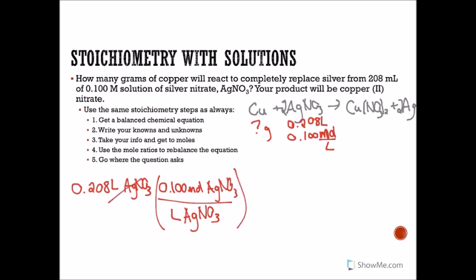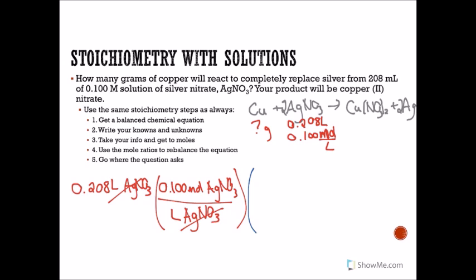So our liters cancel off. And then it's the same question as any stoichiometry question. We've converted to moles. We just used our molarity instead of molar mass or Avogadro's number. And then since we've converted to moles, we use the molar ratio to convert to moles.